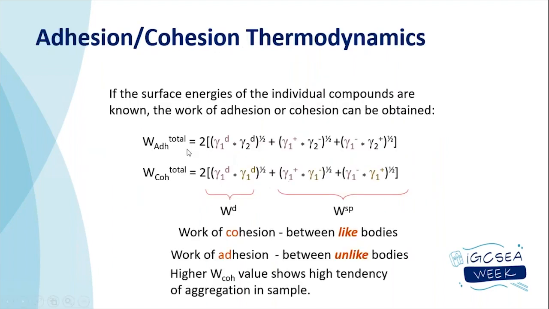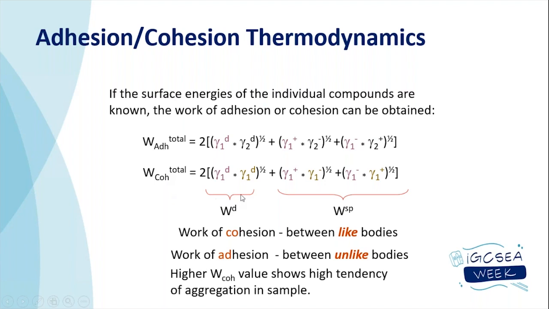And as I mentioned, it is directly related to the thermodynamic work of adhesion, which is the interaction of two dissimilar surfaces, and the thermodynamic work of cohesion, which is the interaction of two like surfaces. So very often, when I have a composite or a blend or some sort of multi-component system, and I want a uniform blend or good adhesion or a good composite, I would want the work of cohesion to be similar to the work of adhesion.